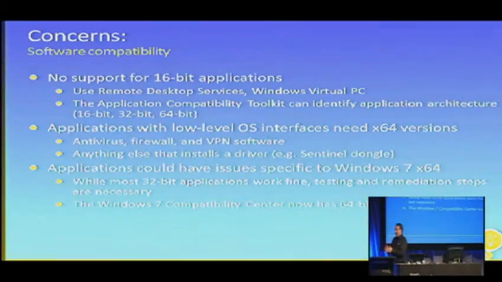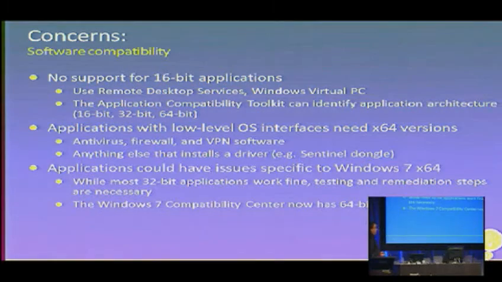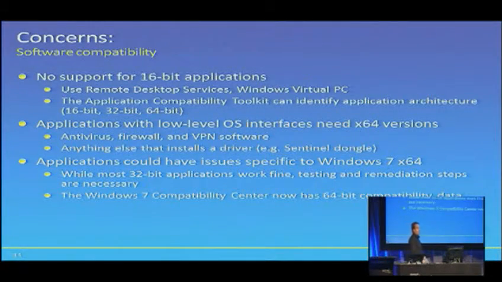Now, from an application perspective, in general, 32-bit applications run just fine on 64-bit Windows 7, but there are some things that you need to take into account. These 32-bit applications run kind of in their own subsystem, and they get a different view of the Windows world.